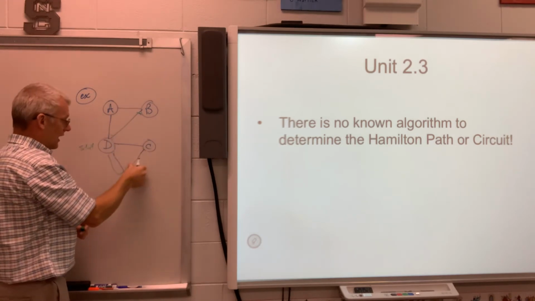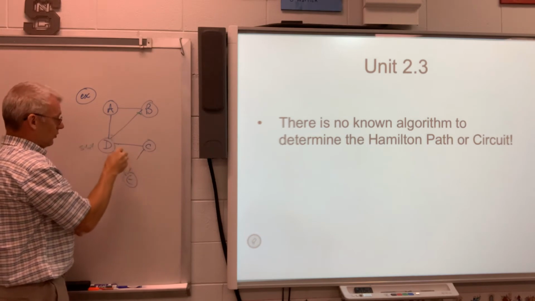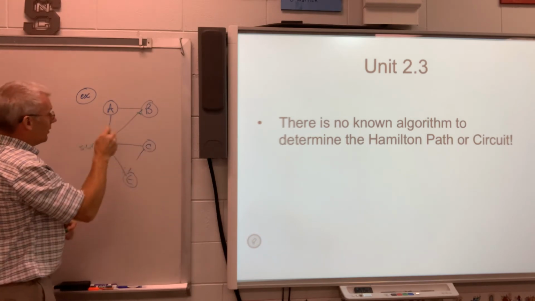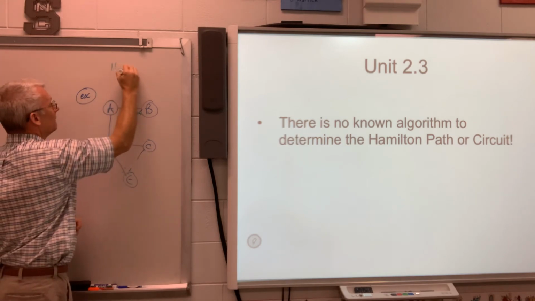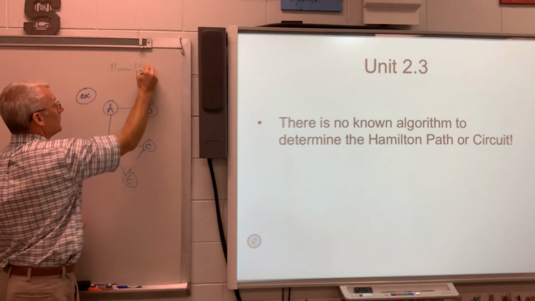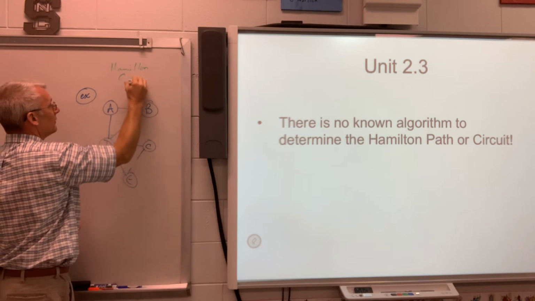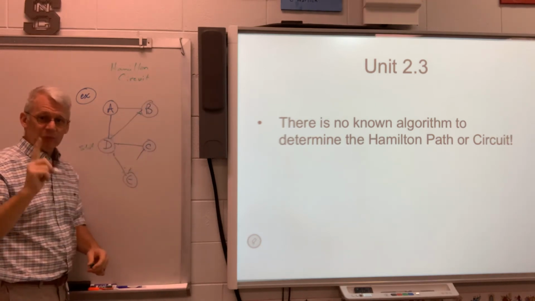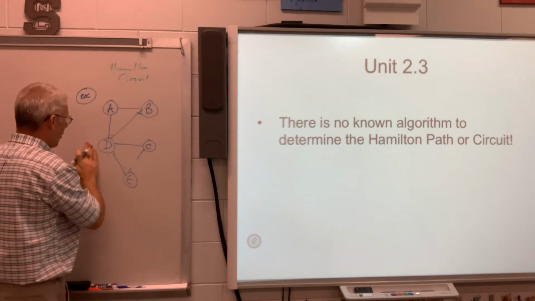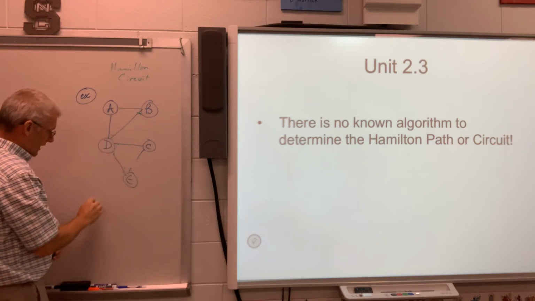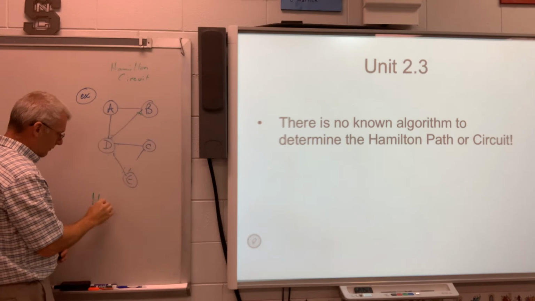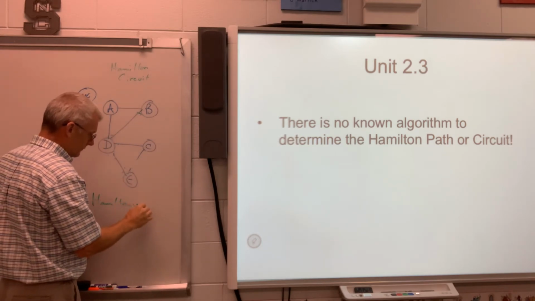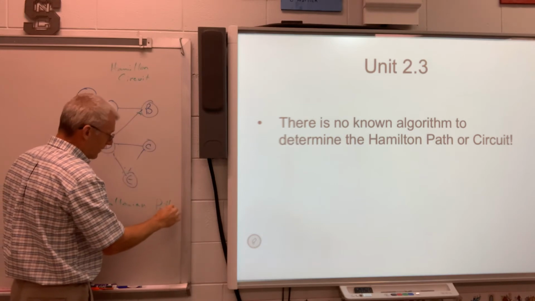Okay, I can't go this way because I can't get to B. Because remember, on a Hamiltonian circuit, you have to go to every vertex one and one time only. So there are a couple different ways that you could do it. I could have a Hamiltonian path. And there's quite a few paths that I could have.